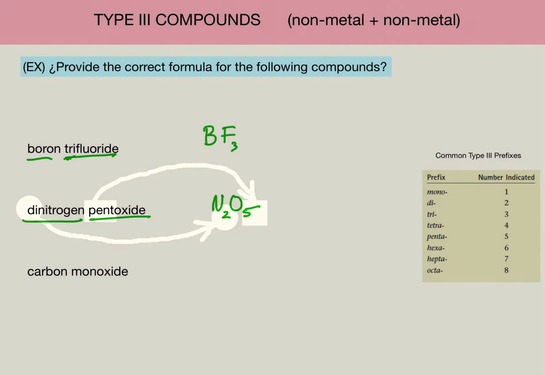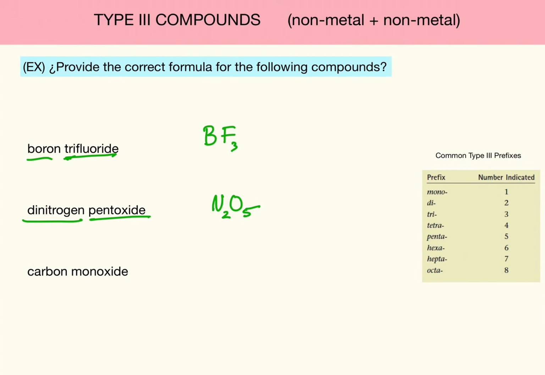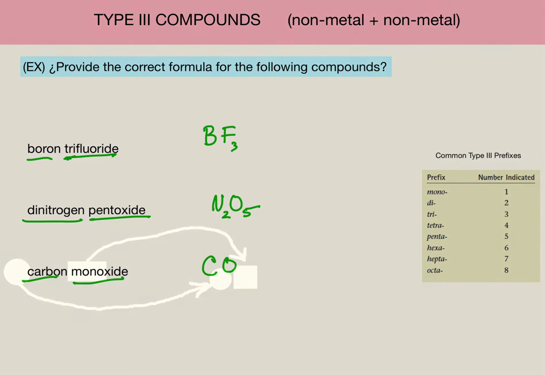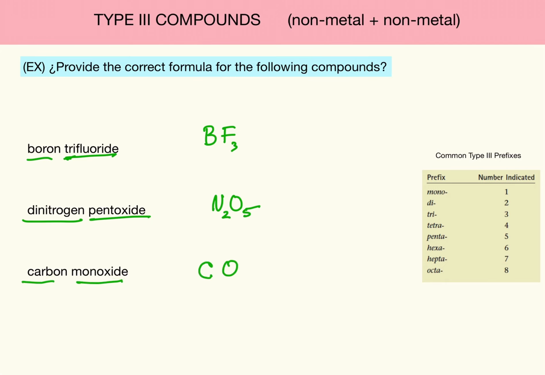That's the correct formula for dinitrogen pentoxide. Carbon monoxide. I have 1 carbon and I have 1 oxygen, and it's monoxide, so I don't show the 1 on the O. Type 3 compounds, very easy to name, whether it's in the formula to name direction or name to formula.